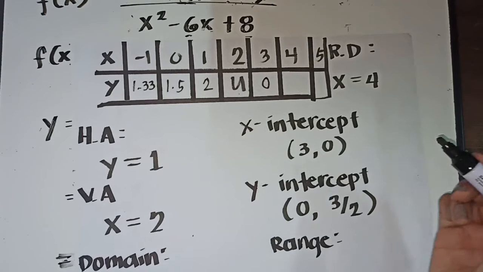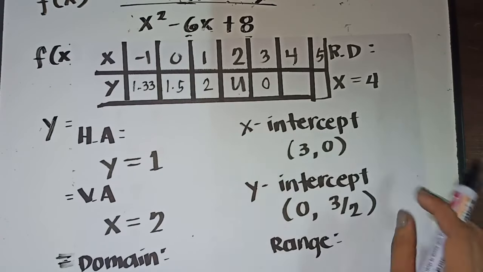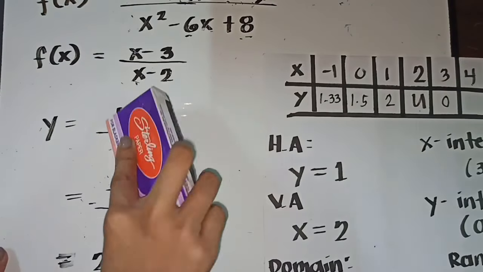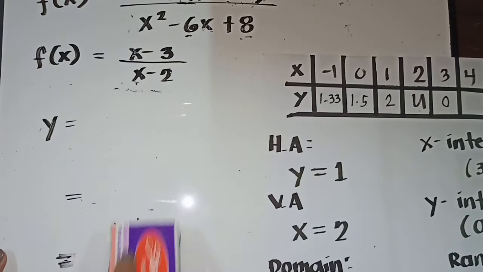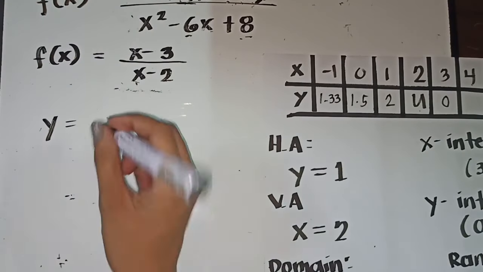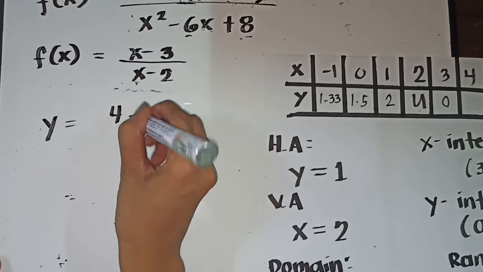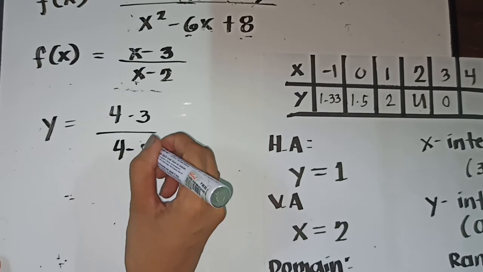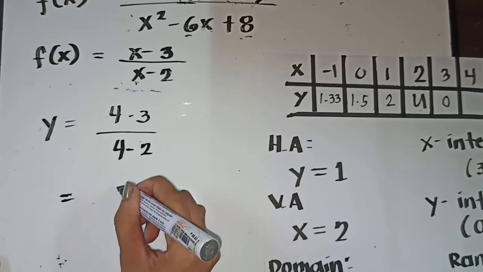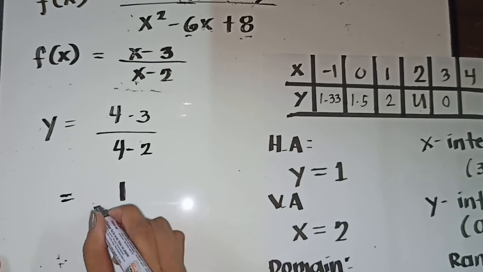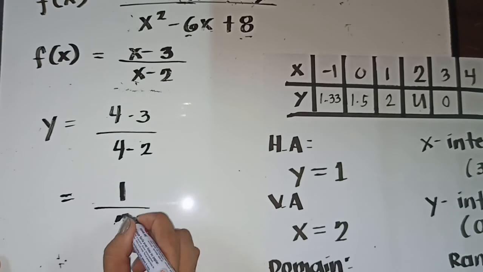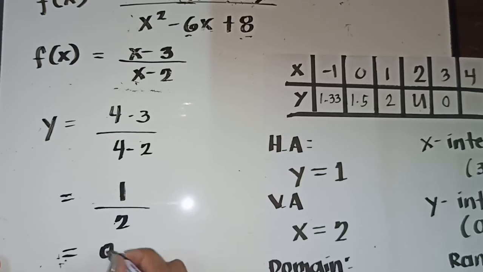So, now, what if the value of our x is 4? Substitute the value of our x. So, that is 4 minus 3 over 4 minus 2. So, that is positive 1 over 4 minus 2 is 2. So, that is equal to 0.5.